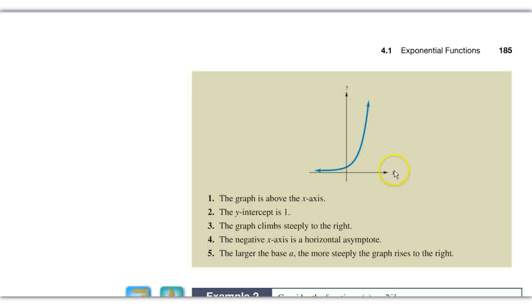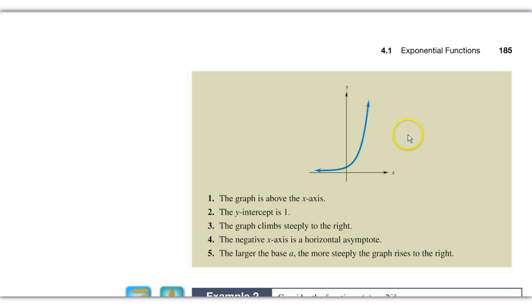So in summary then, the graph is above the x-axis. The y-intercept is always a 1 right there. The graph climbs steeply to the right.